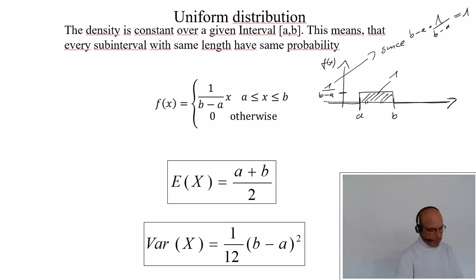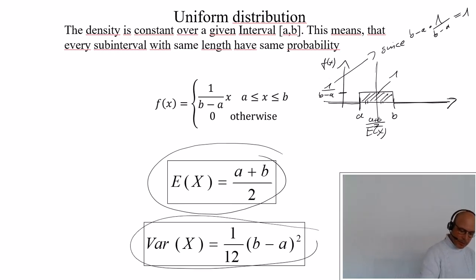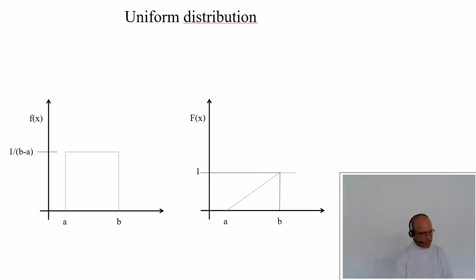Well, and then you can show the expected value. Not surprisingly, we have a symmetric distribution, so it is just in the middle at A plus B over 2. Then maybe a little bit surprising is the variance with this factor 1 over 12, but you can also just calculate this using the definition for the uniform distribution.